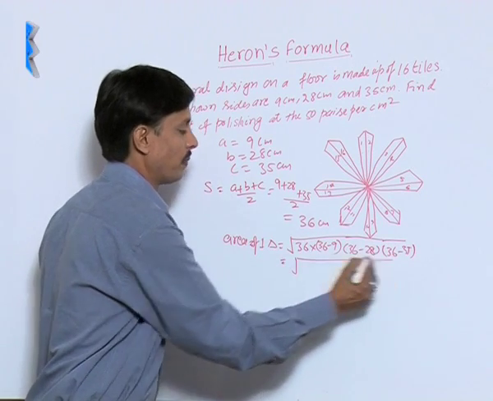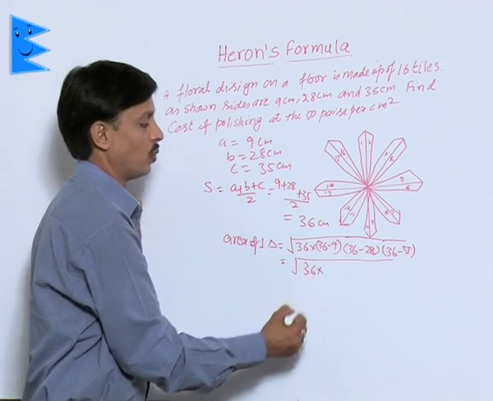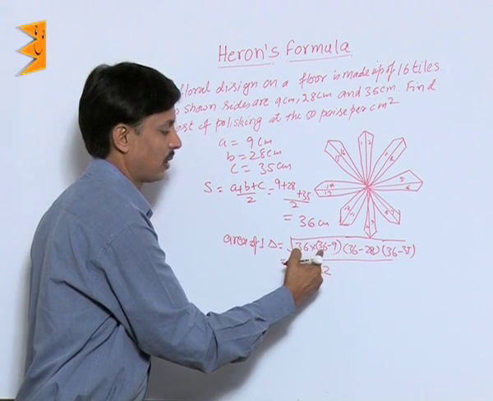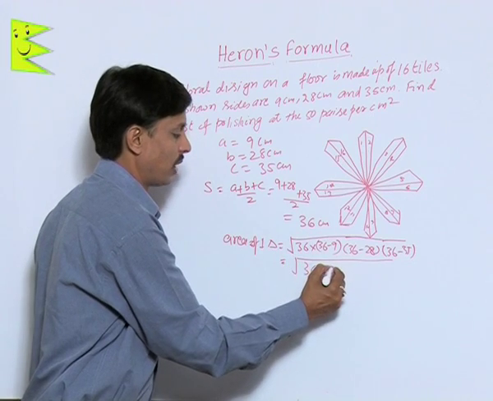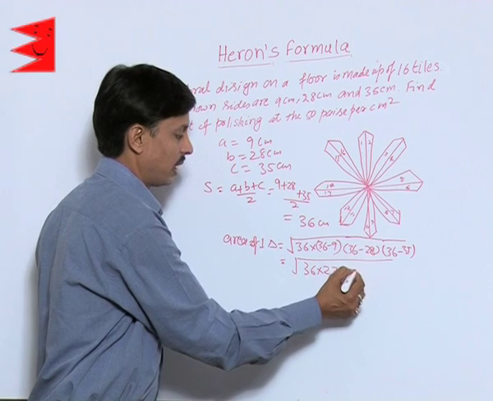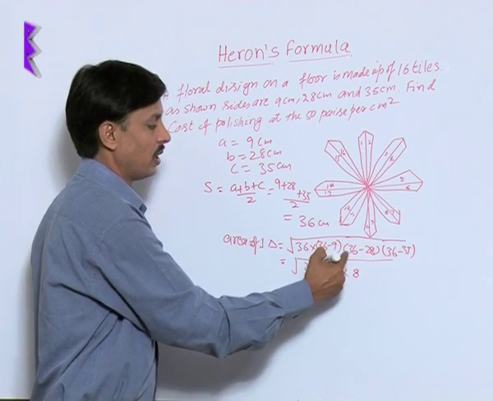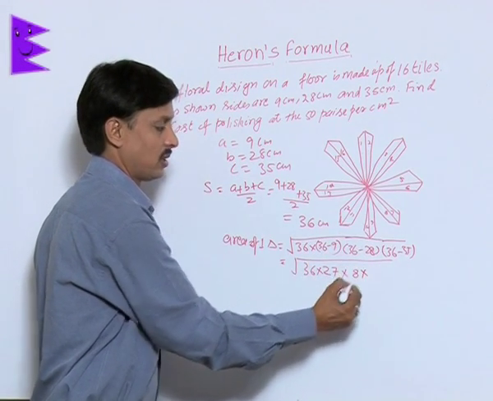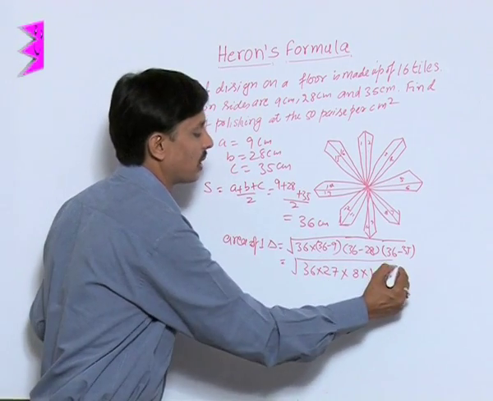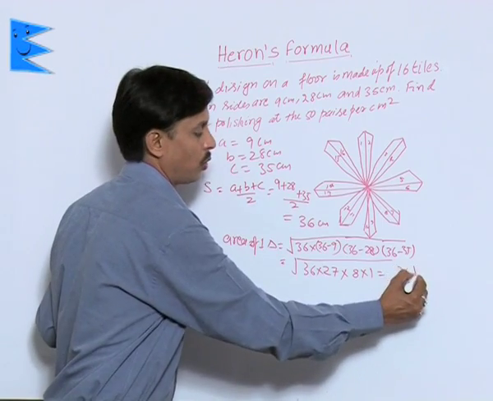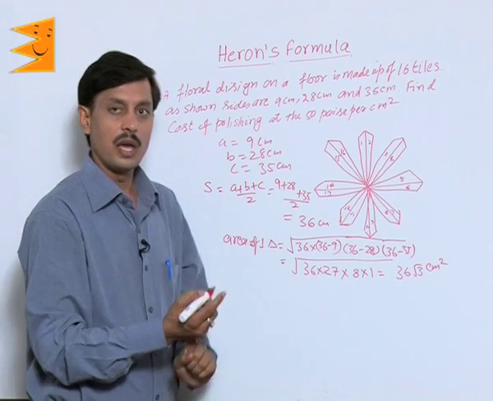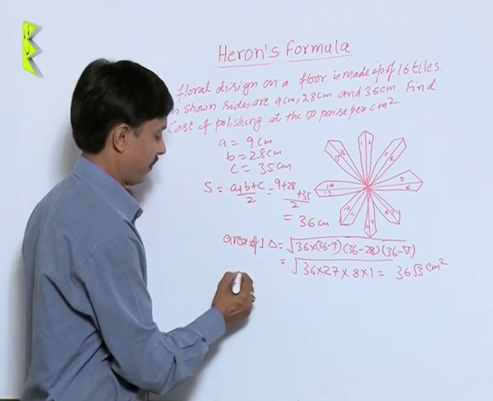This will give you 36 into, we have to subtract 9 from this, so it will give us 27. Then 36 minus 28 is 8. Then 1. The product and square root will give us 36 root 3 centimeter square. This is the area of one triangle.